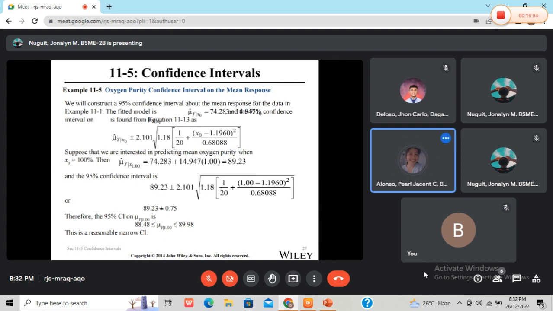So therefore, the 95% confidence interval on mu sub y given x sub 0 of 1 is greater than or equal to 88.48 but less than or equal to 89.98. So this is a reasonably narrow confidence interval. We'll go next.